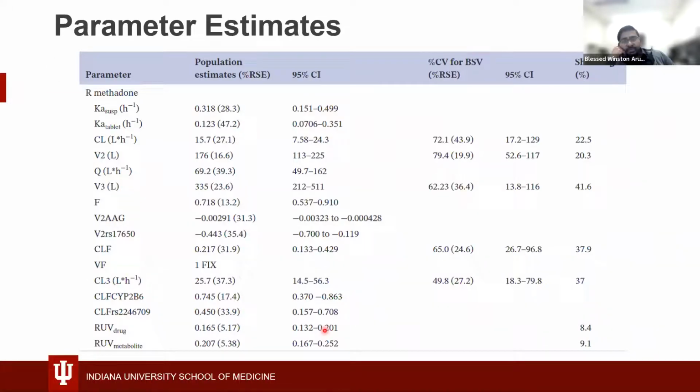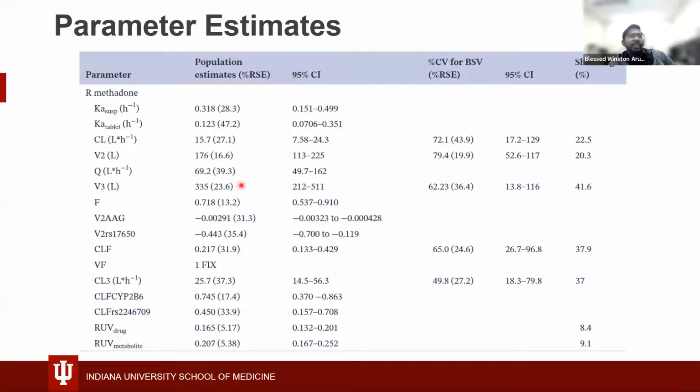So these were the final parameter estimates, and this is our methadone. If you see, the 95% confidence intervals of suspension and tablet are actually crossing, so they did not really have a difference there. There may be some difference as expected, maybe suspensions are absorbed faster, but we didn't really find a significant difference.